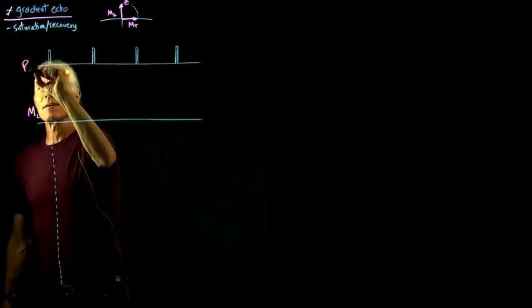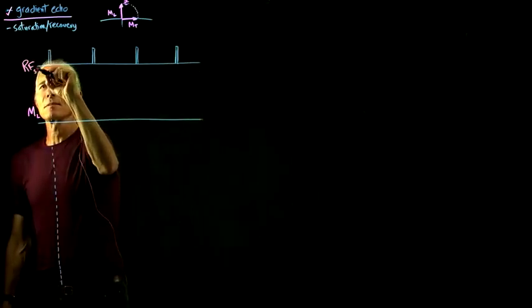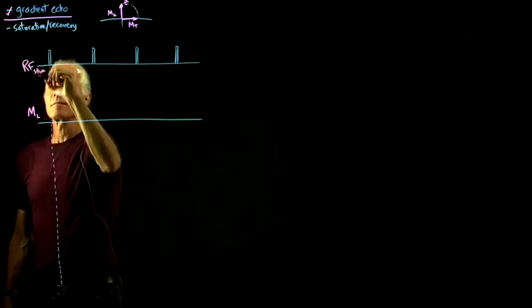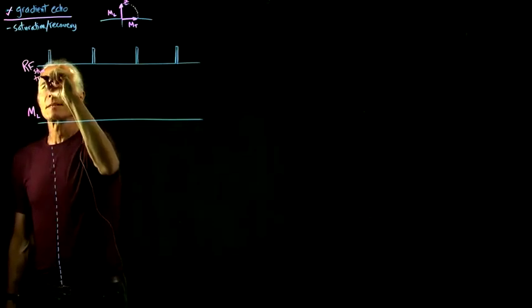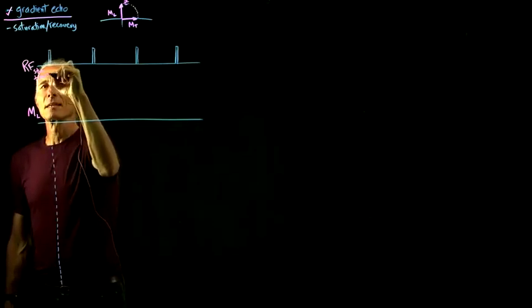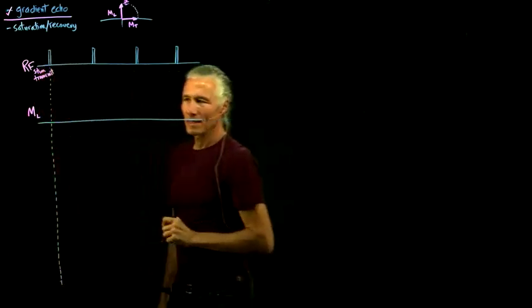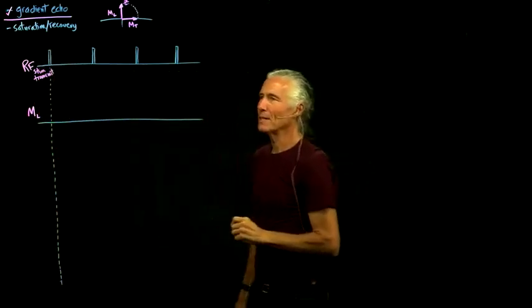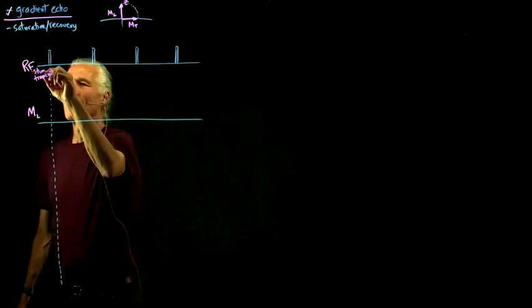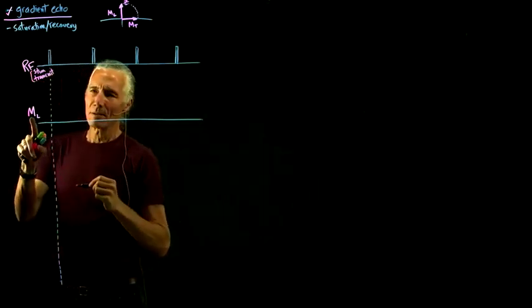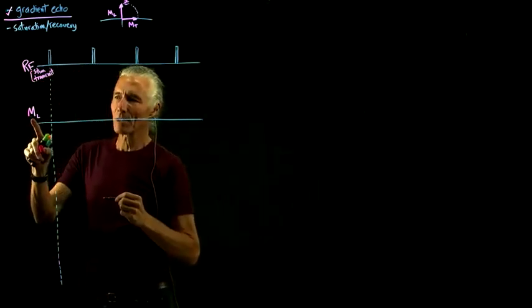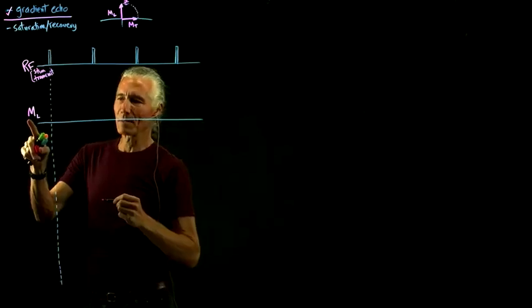And this is the RF stim, so that's the RF transmit, injecting RF power into the sample. Here what we're plotting is how much longitudinal magnetization do we have, the invisible part.